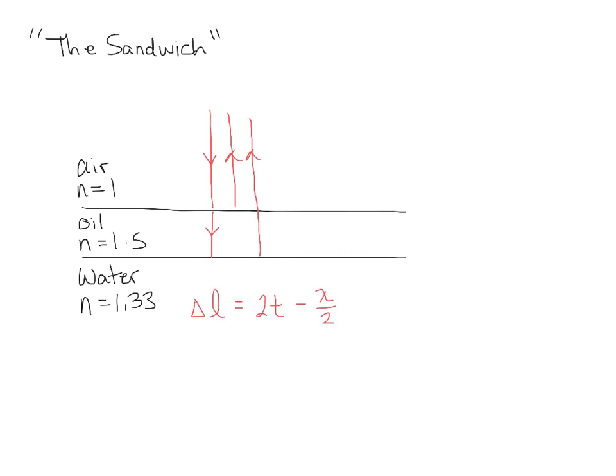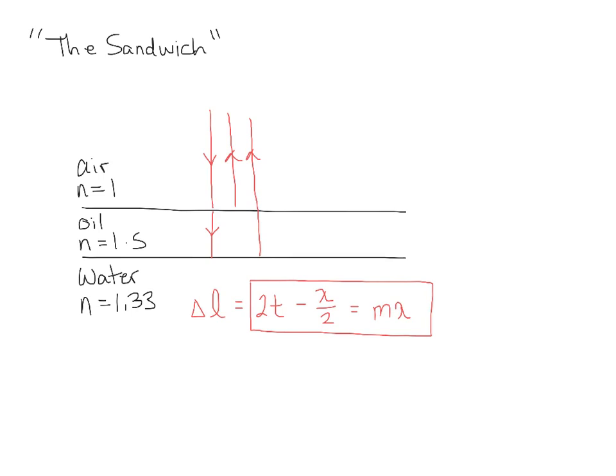And so for delta L then, since one is inverted and the other is not, we're going to use 2t minus lambda over 2, and that's going to equal m lambda. And once again, it's important to remember the wavelength is going to be lambda in the film. So in this case, that's going to be lambda in oil.